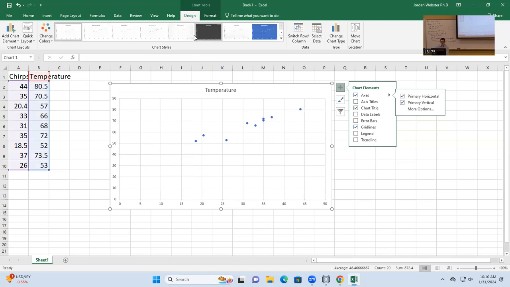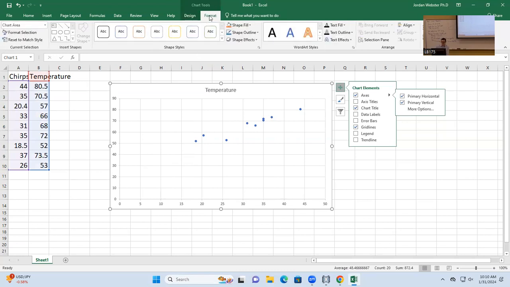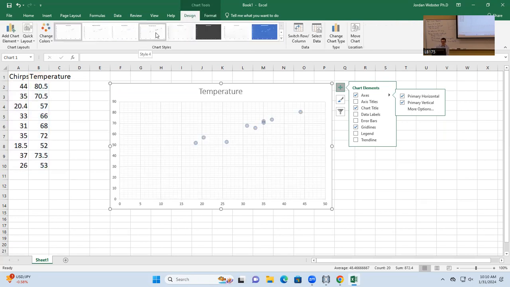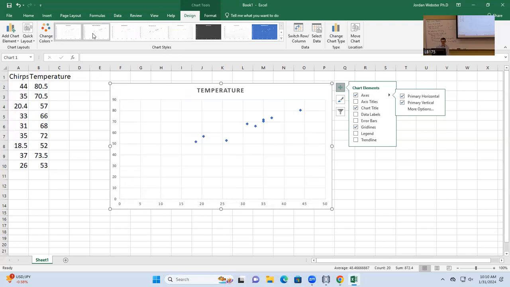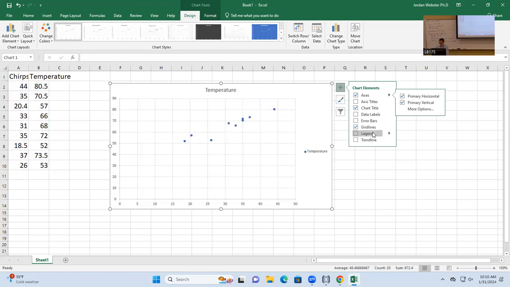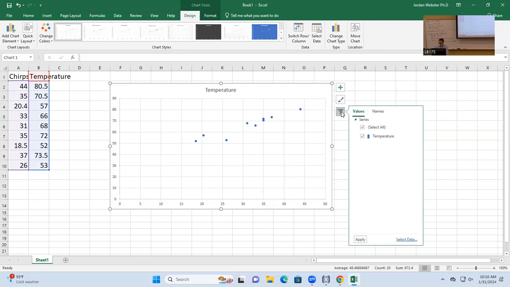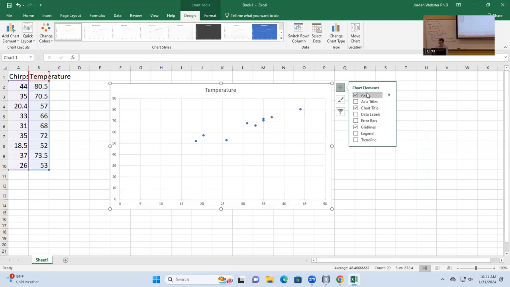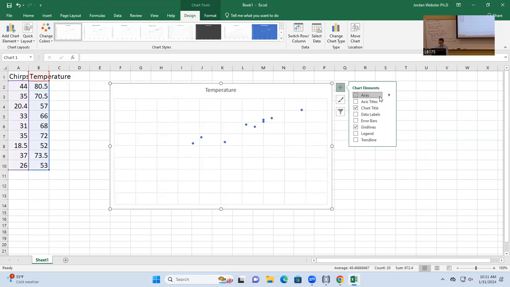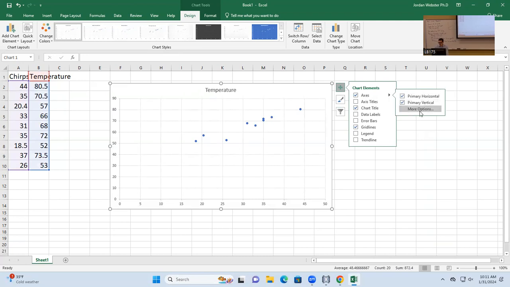Where do we go here? Oh, 4 minutes. There are also ways to change the design, you can make it fancier looking, right? Whatever you want it to look like. Okay. I always forget. So, oh, more options.